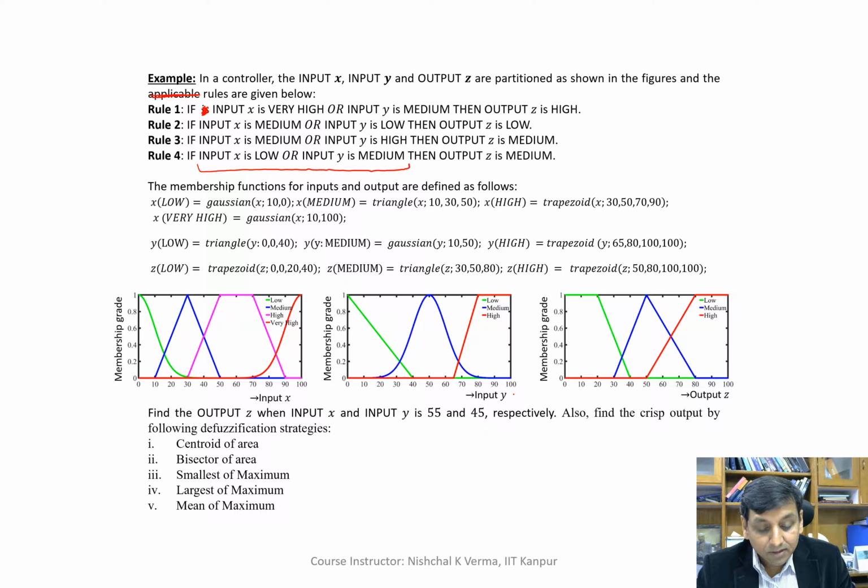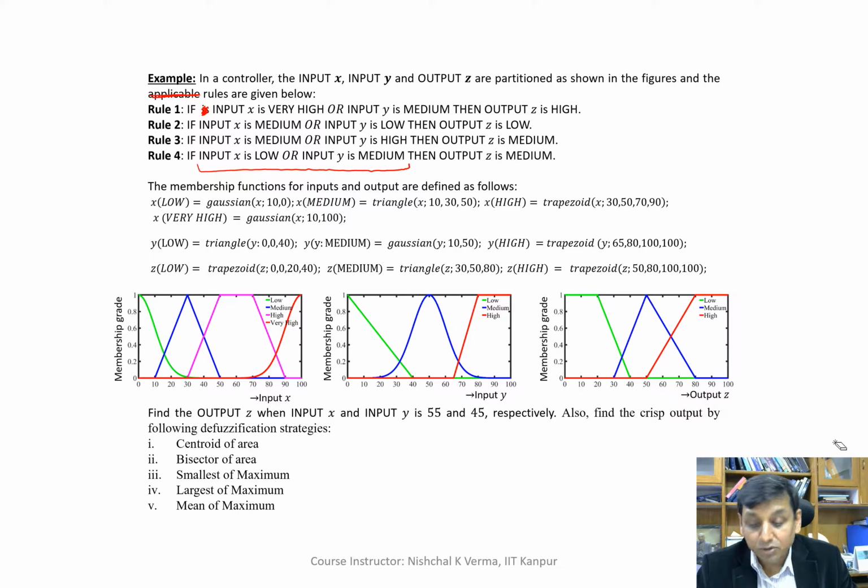Similarly, input Y is divided into three fuzzy regions, low, medium, and high, and the output is again divided into three regions: low, medium, and high.